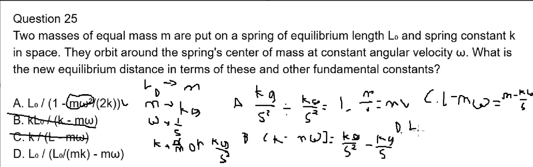So L0 over mk is going to have units of meters from that L0 over kilogram squared, because we have a kilogram coming from both the k and m. And then over seconds squared, because once again we still have that k in there.